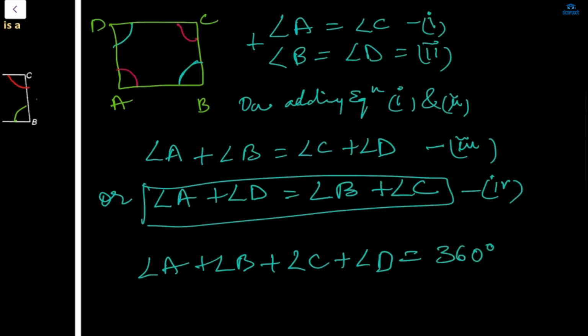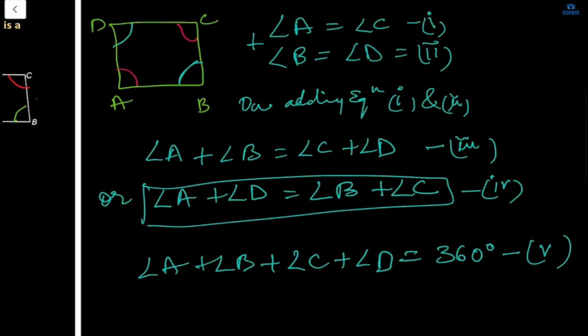The angle sum property of a quadrilateral says that the sum of all the four angles of a quadrilateral is equal to 360 degrees.